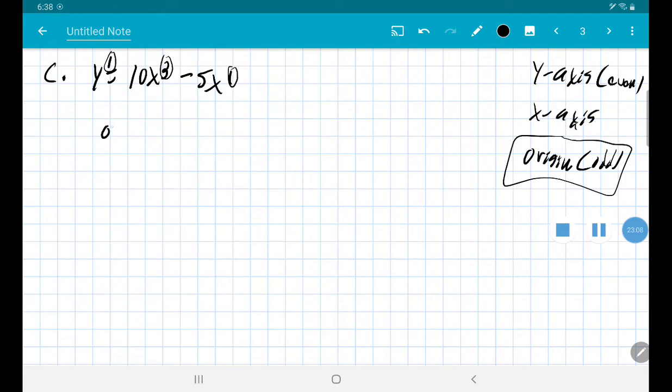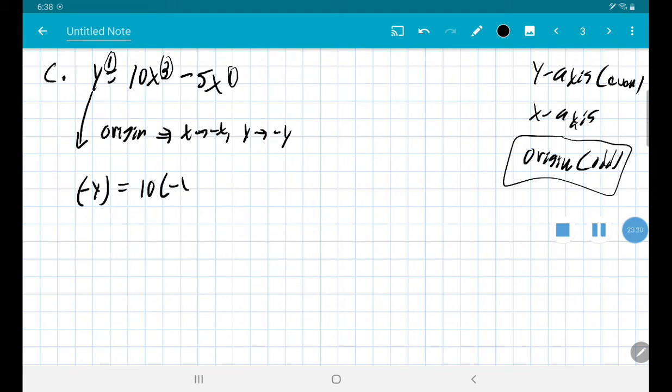Let's test it. Remember, for origin symmetry, you're going to replace x with negative x, and y is going to become negative y, and let's see if it's the same as what we started out with. So that gives me negative y equals 10 times negative x cubed minus 5 times negative x.